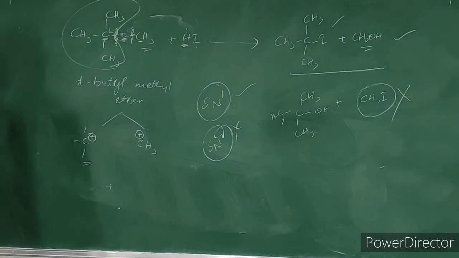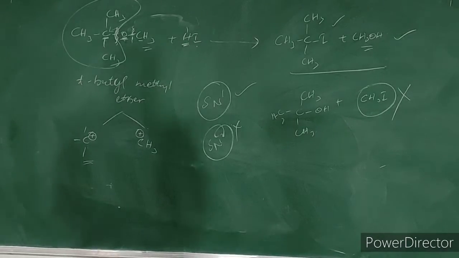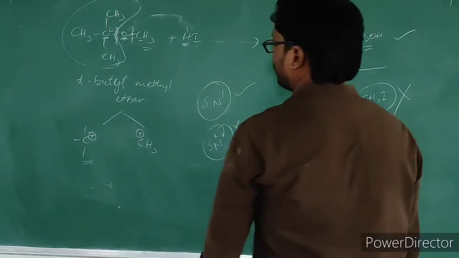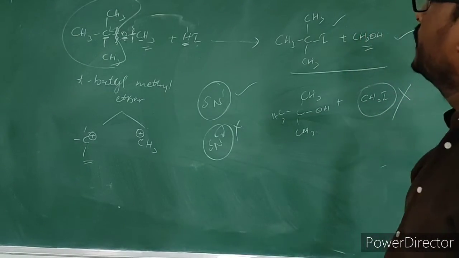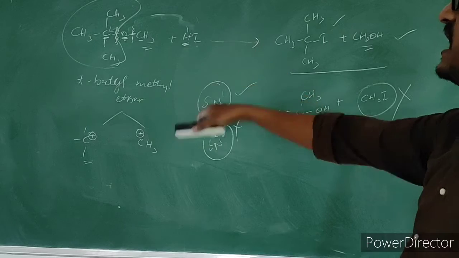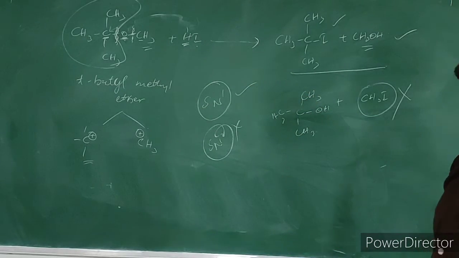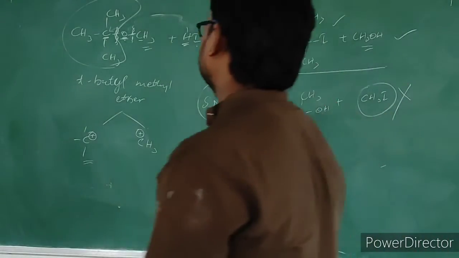In this case, we have taken hydrogen iodide as the reactant and reacted it with tertiary butyl methyl ether. These are the products.